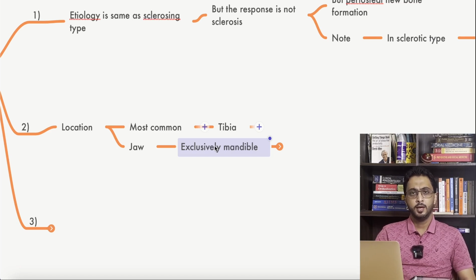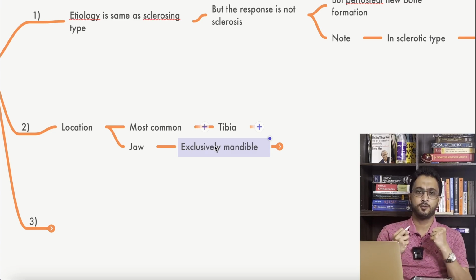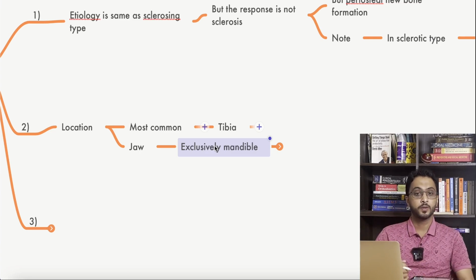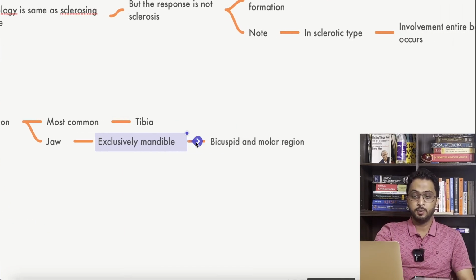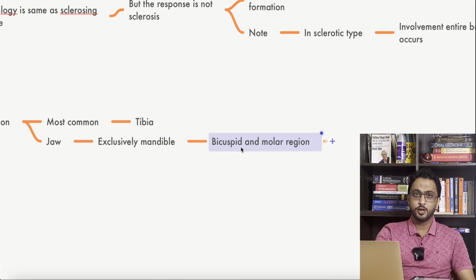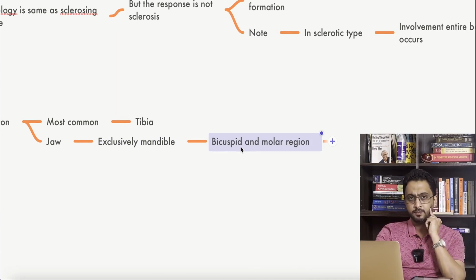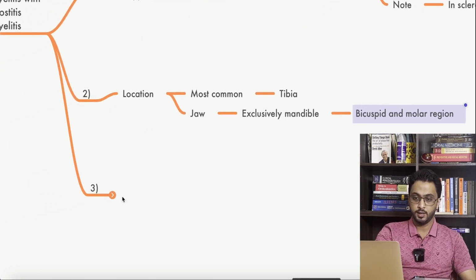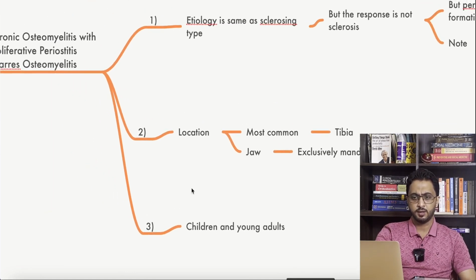What is the reason? The problem why osteomyelitis is happening is that there is compromised blood supply, and even the destruction in osteomyelitis is due to compromised blood supply. Maxilla has got a very good blood supply. So it's exclusively in the mandible, and unlike focal sclerosing, which was purely on the molar, it can even extend into the bicuspid region, that means the premolar region. And children and young adults is the same thing. Young.